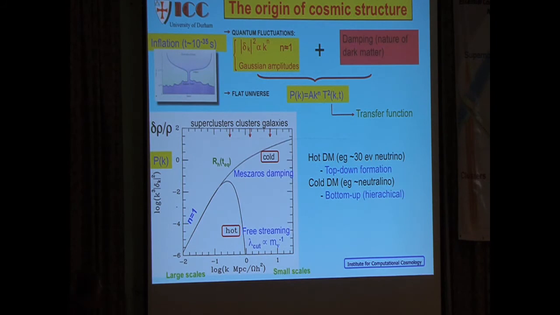I told you that I was going to use P of k to describe delta k squared. Actually, I multiplied by k cubed. So sorry, there should be a k cubed P of k. So delta k squared is just the amplitude, that is the density in k space. k cubed is the volume. So if you multiply by k cubed, you have the total power on scale k, right?